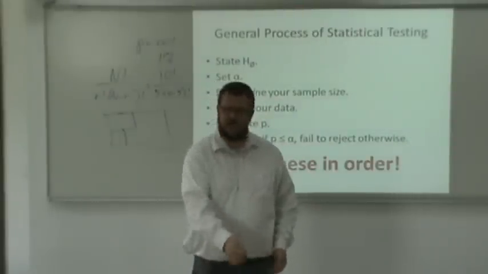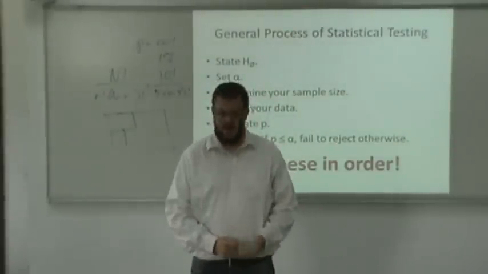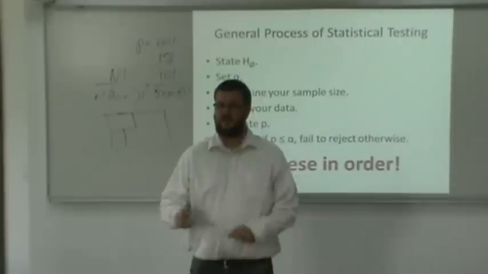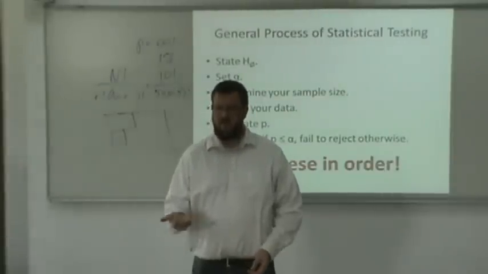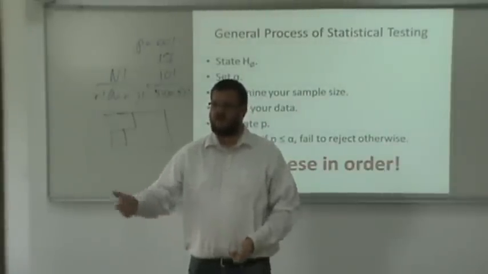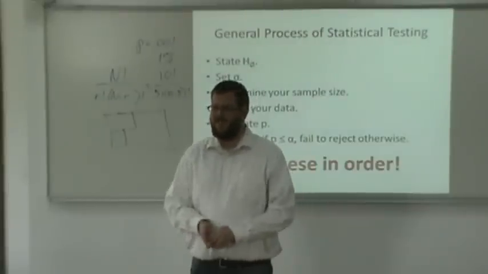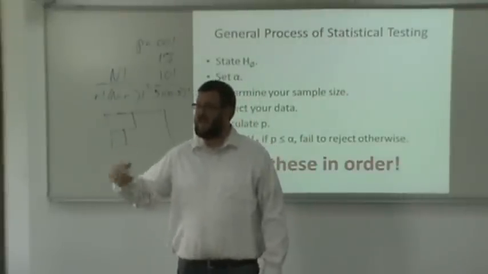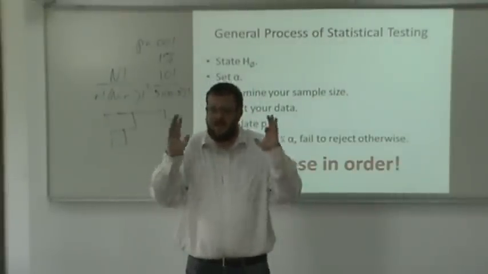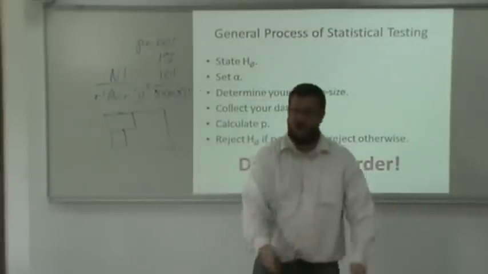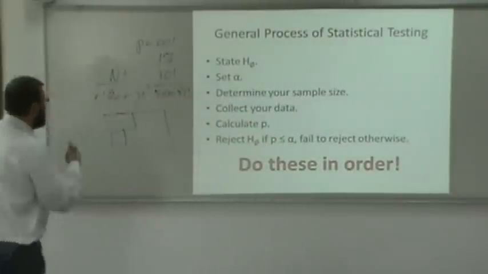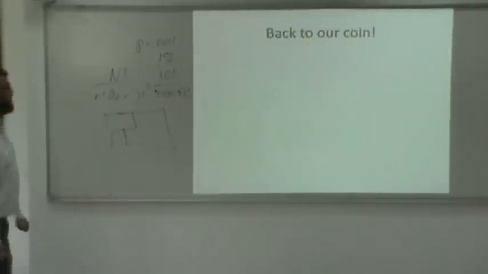He has a timer set up, and each time he gets a heads, he says, it's heads. Oh, it's 2 heads. And then usually he'll get a tail, so the next time he gets a heads, it's 1 heads. He basically did this again and again until he got 10 heads and then edited it together. So you need to determine your sample size before you run the experiment.